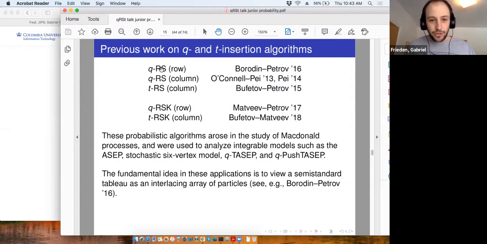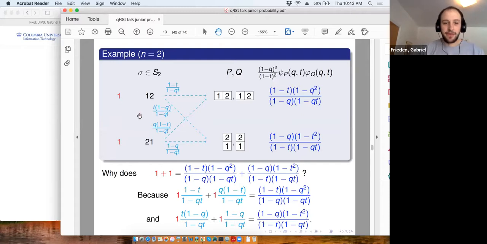And when you start trying to do these deformations, you can try to do a q-deformation of the row version or a deformation of the column version. So it might be worthwhile to go back here for a second and do an example.